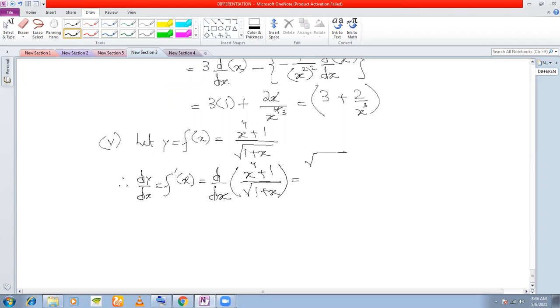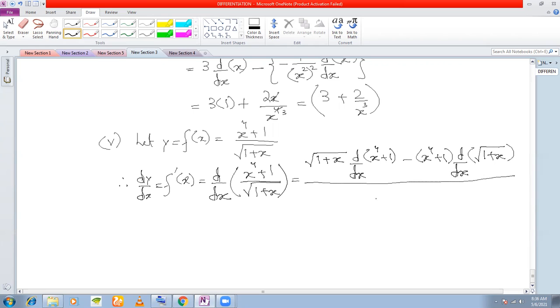So v here is the denominator into the differentiation of the numerator, minus u, that is the numerator, into the differentiation of the denominator. Whole divided by the square of the denominator. Fine.